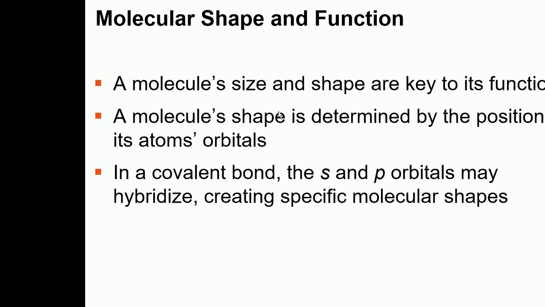The last topic we are going to talk about is the shape of the molecule and its function. The shape of a molecule and its function are very much related, and the shape of the molecule determines its function. A molecule's shape is determined by the position of its atoms' orbitals, and in covalent bonds, the s and p orbitals hybridize and create the specific molecular shape.